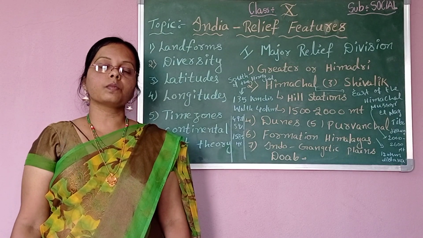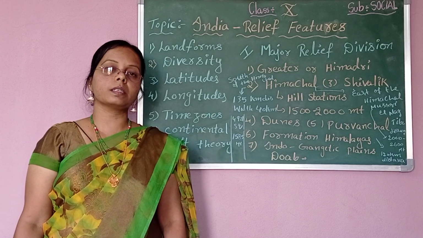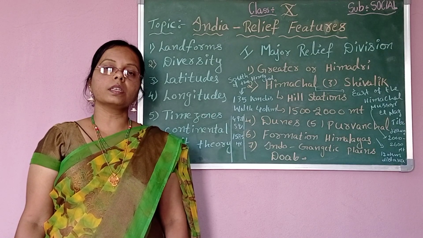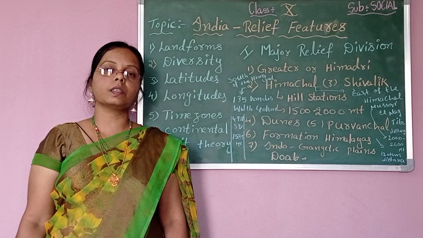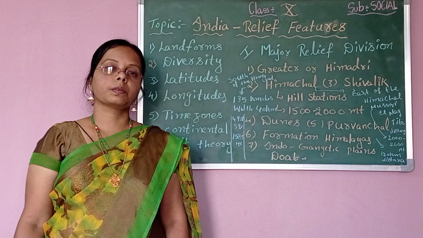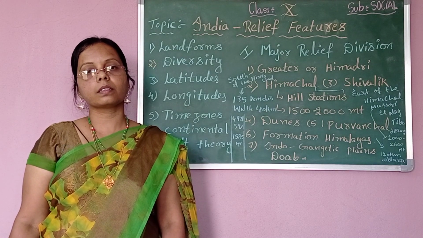The Himalayas are formed in 3 parallel ranges, separated by deep valleys and extensive plateaus. So, what are those 3 parallel ranges?